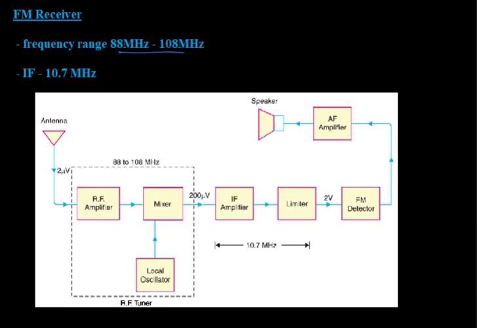In the case of an AM receiver, it is around 540 kHz to 1600 kHz, but here a very high frequency is sent, around 88 MHz to 108 MHz. The intermediate frequency produced by the mixer circuit is 10.7 MHz, but in the case of an AM receiver we have seen that it is 455 kHz.